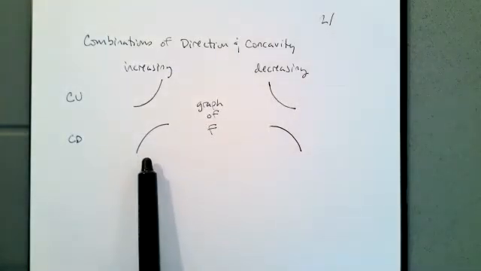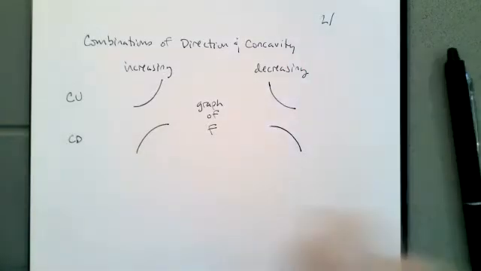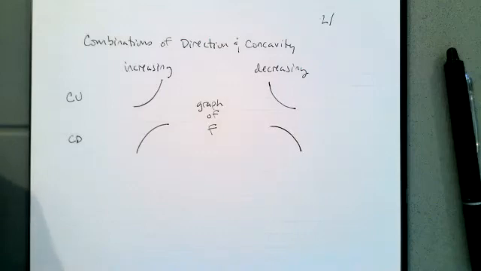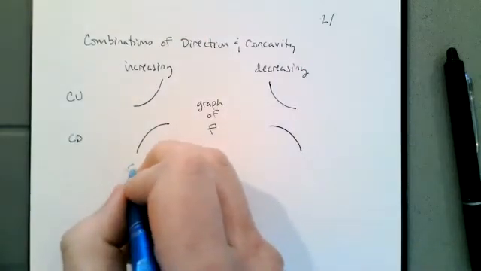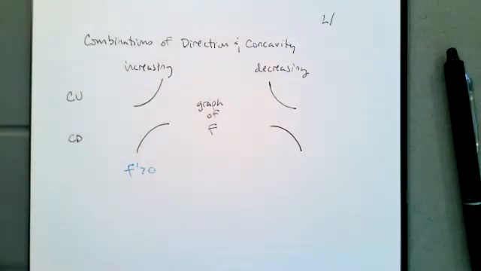In this first column here, we're seeing that f prime is positive because the function is increasing. So in this first column, f prime is positive. So if we look at the graph of the derivative, it will be above the x-axis.